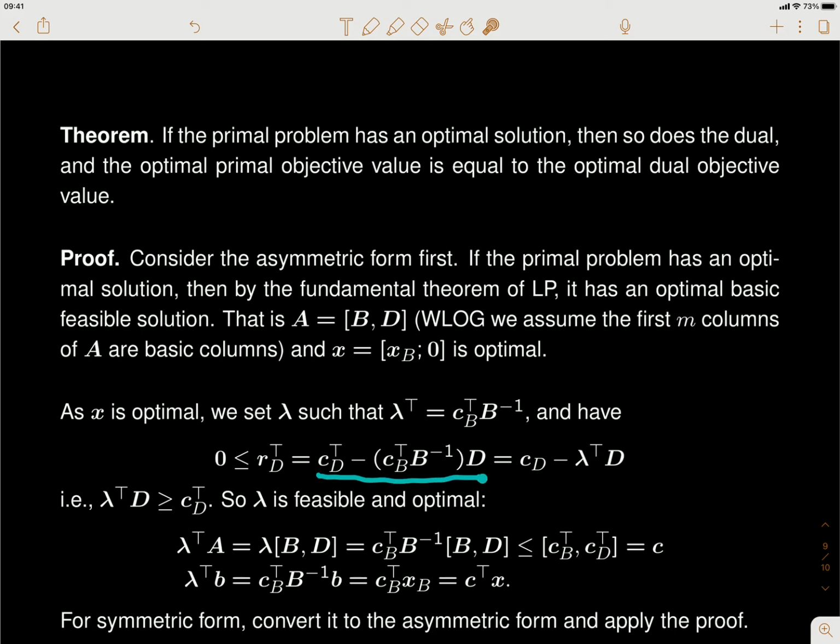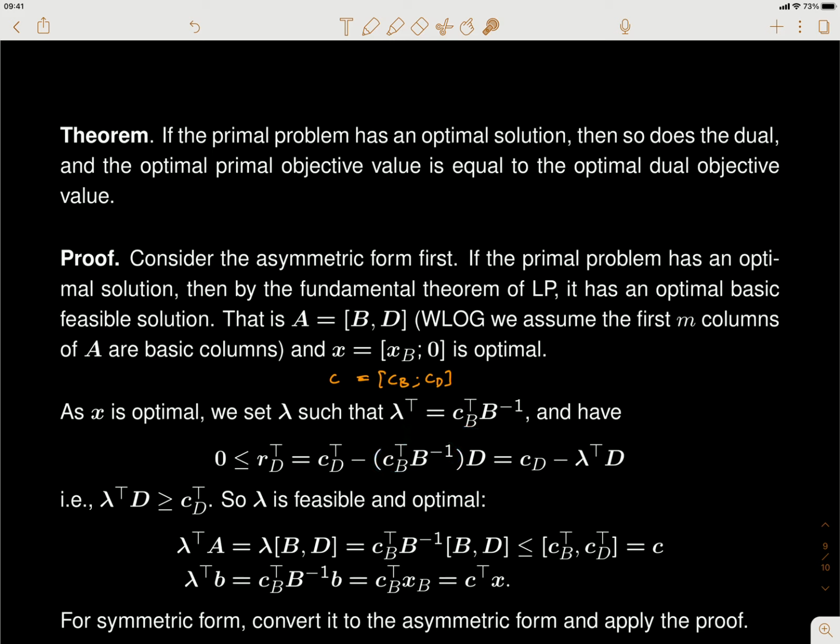So we have the C, which I should write here as C_B, C_D. The C_B corresponds to this, and the B inverse is the B inverse here, and D is the D here. Now, because we defined lambda to be that, this thing is just lambda.